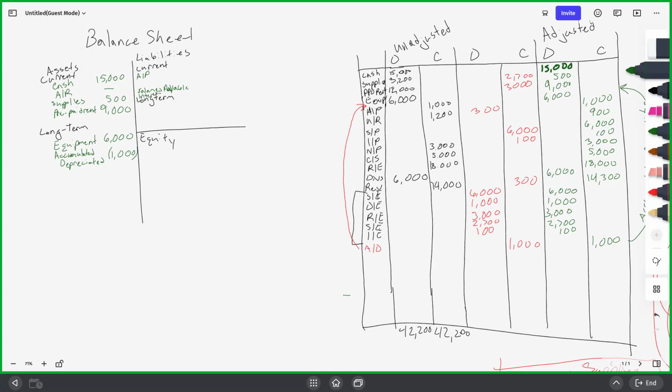Unearned revenue, there you go. And then long-term, notes payable. That's it, right? Yep. Okay, now that I understand, I can answer questions.